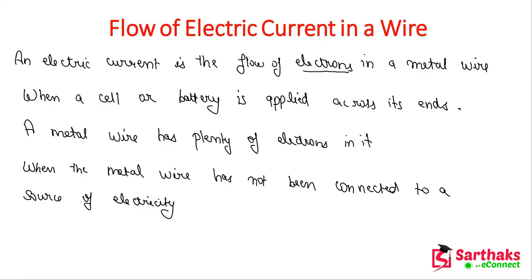The source of electricity can be a cell or a battery. Then the electrons present in it move randomly in all directions.